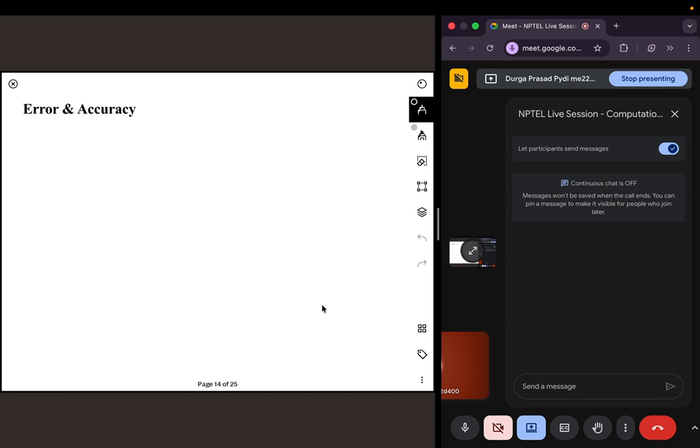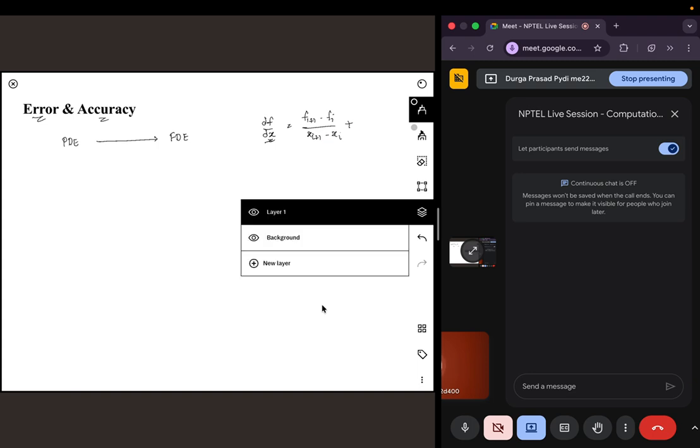The most important topic is the error and accuracy that we are discussing. When we have a PDE, we are converting it to a set of finite difference equations like the one I have shown before. Let's say we have df dx. Instead of df dx, we are writing it on our discretized grid as something like this. When we do this, these two are not exactly equal, so there will be some error here.